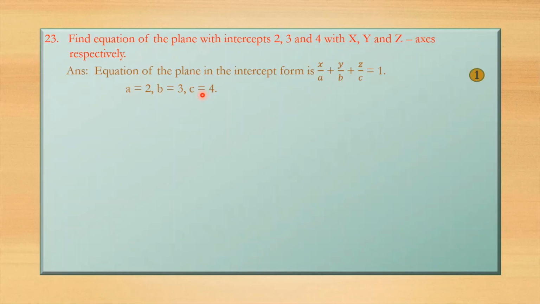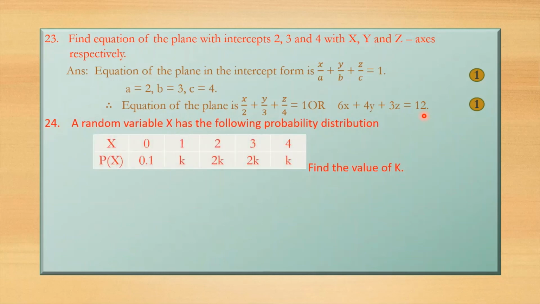Just for this you will get 1 mark, and replacing the values of a, b and c in the intercept form equation. Even if you do not simplify, and stop here itself, it is okay, and it will be awarded 1 mark. After simplifying, I get finally the equation of the plane as 6x plus 4y plus 3z is equal to 12.